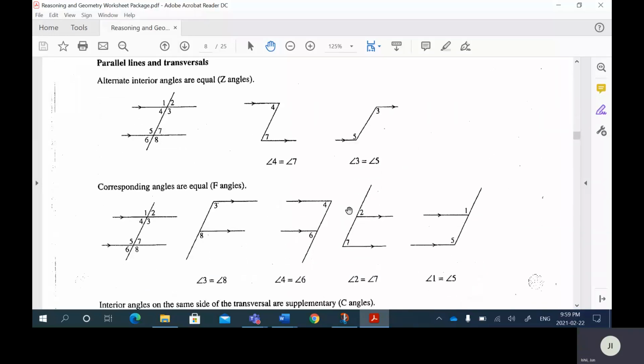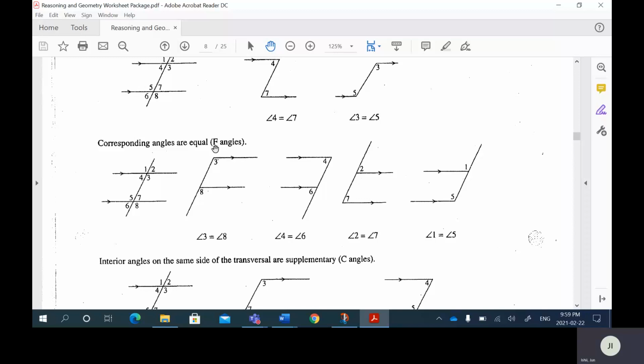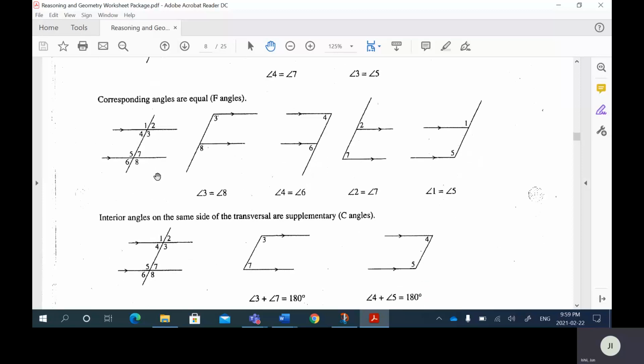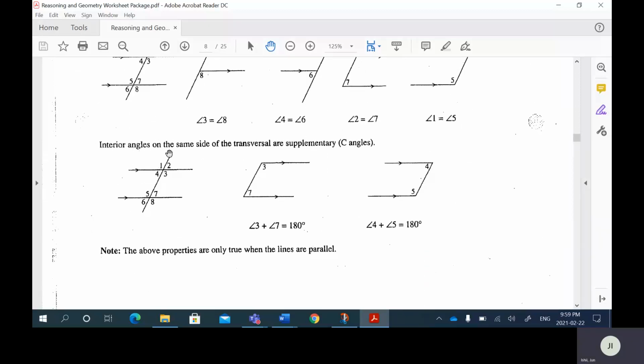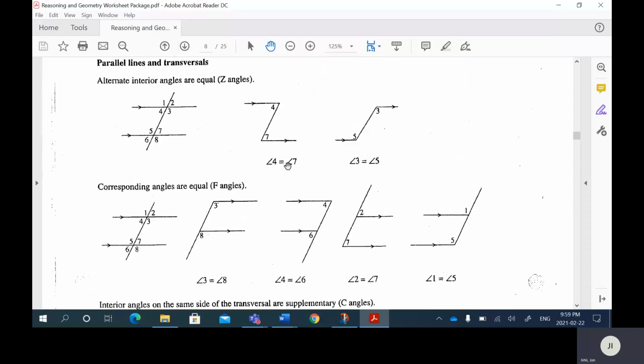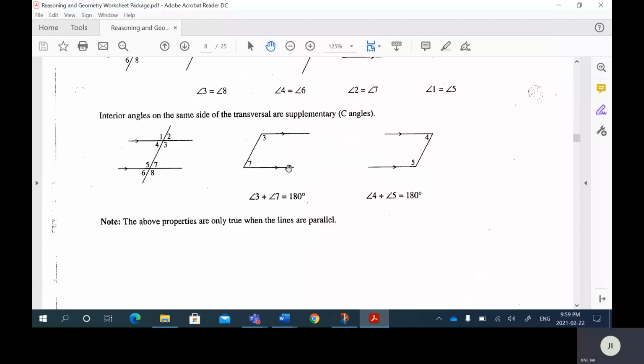Okay, so these can be backwards. Corresponding angles are equal, so F angles, so 3 and 8, 4 and 6, 2 and 7, 1 and 5. Okay, and interior angles on the same side of the transversal are supplementary, so that means they add to 180. They're C angles. Okay, so 3 and 7 add to 180. That does 4 and 5. Okay, so this page just summarizes what I just went through.